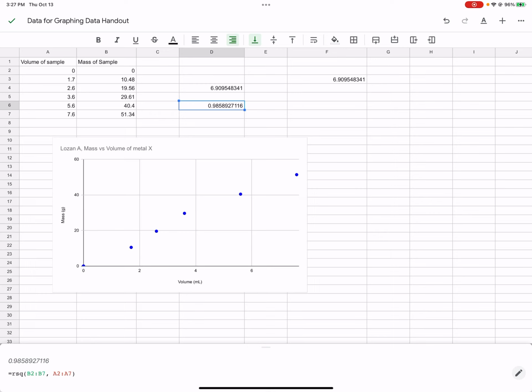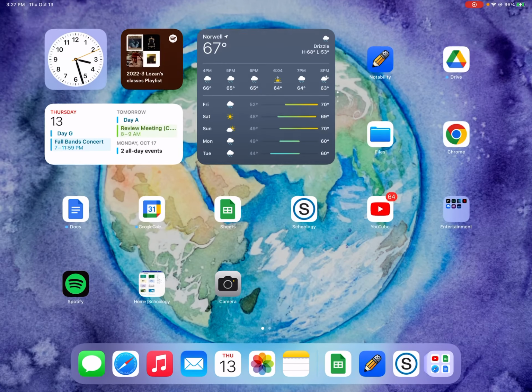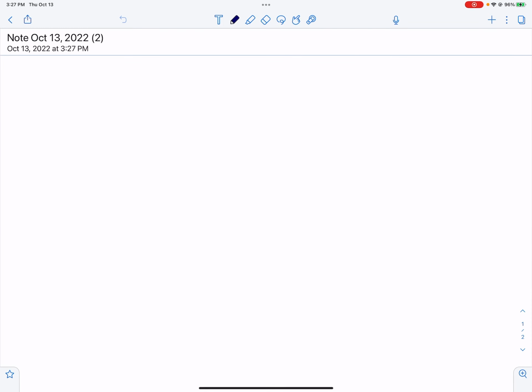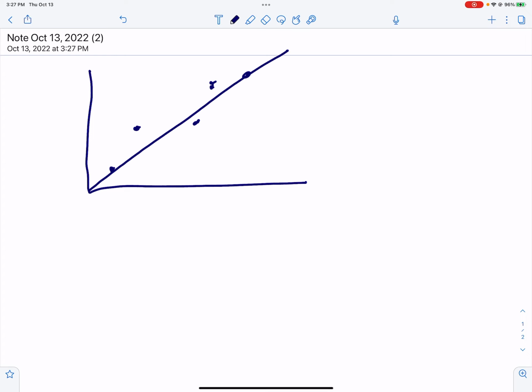If I just go to a blank here, so here would be my graph, here would be some data points, and here's the trend line. Do you see how many of them are not even on the line? This would be poor precision, so low R squared, poor precision.